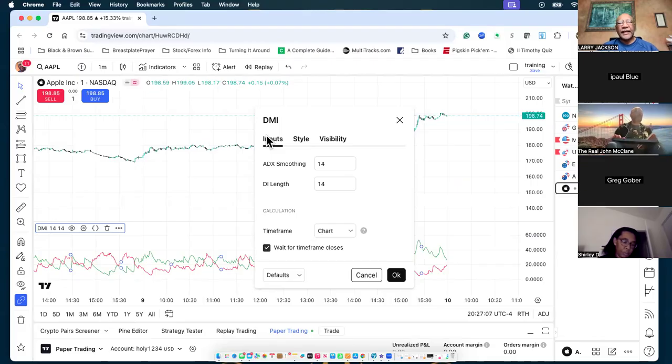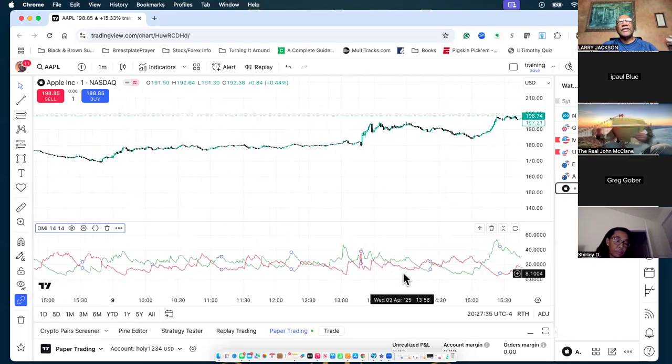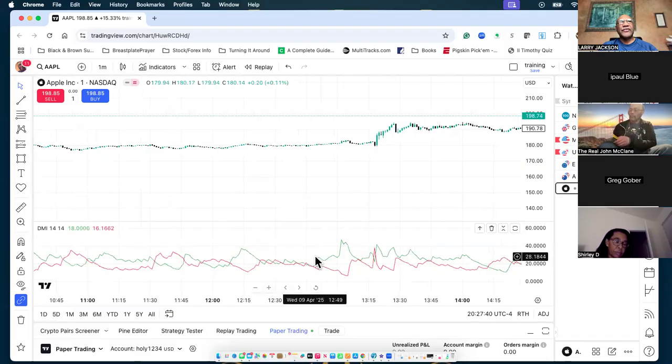The DI length is 14, so I usually keep it at 14. Sometimes I play with it, but most of the time I leave it at 14. It tends to work well there. So the DMI, the directional momentum indicator or index, you use as a cross, just like a moving average.